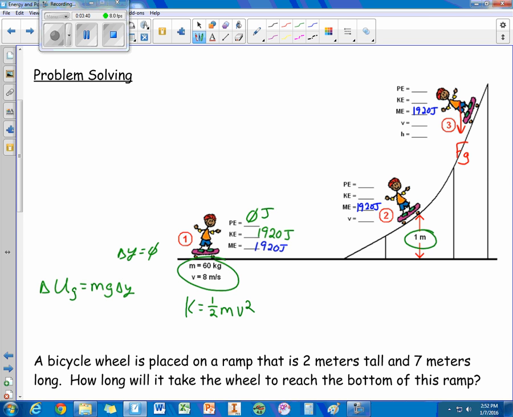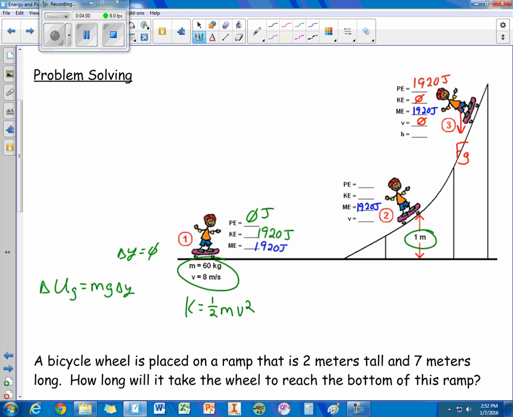At the very top up here then, I'm going to go ahead and say that there's 0 meters per second of velocity. So what that means is I'm going to have no kinetic energy, 1,920 joules of potential energy.